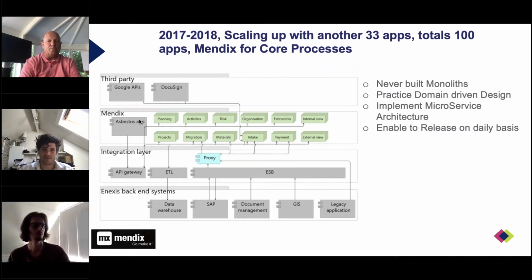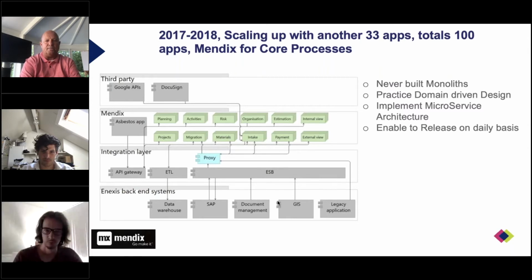We did it like this. We had about 12 separate applications; the green areas are all Mendix applications, connected to each other via API management, which we implemented. For the connections to the backends, we had an ESB running.